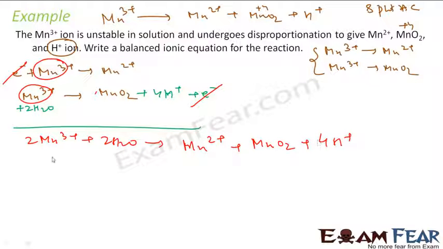Please note, a lot of students write only 1 Mn3+, but it has to be 2 because there are 2 Mn3+ you are adding. So this is the balanced reaction. Please note here it is 2 Mn3+.